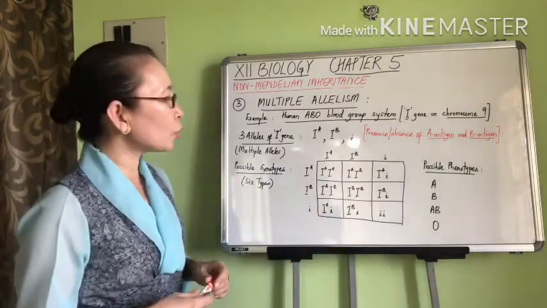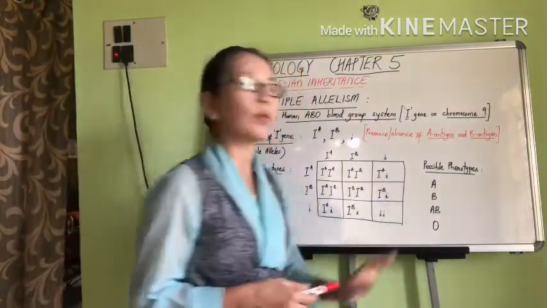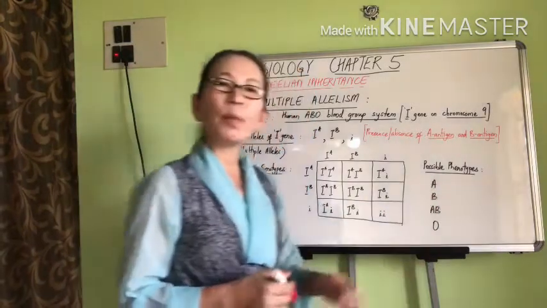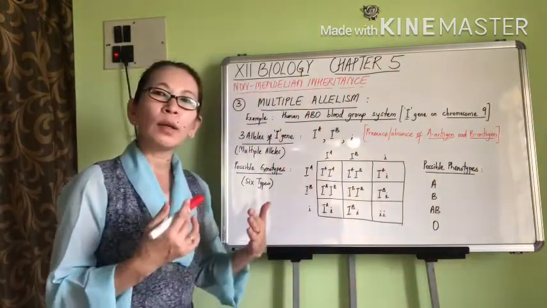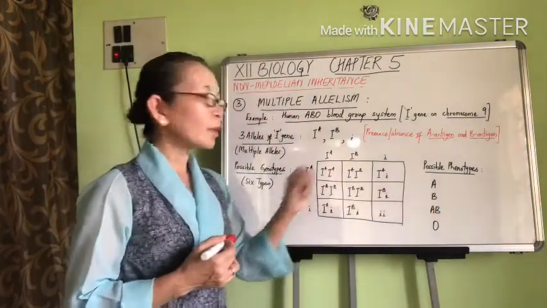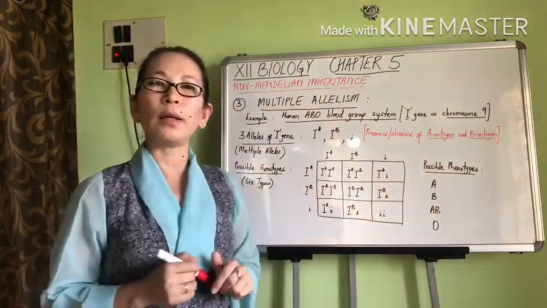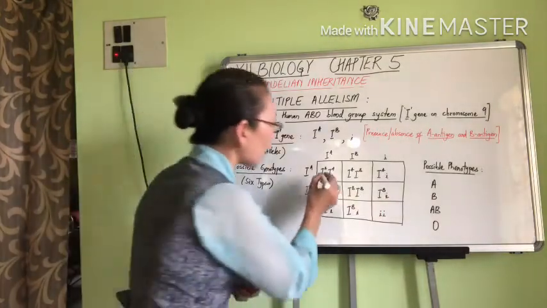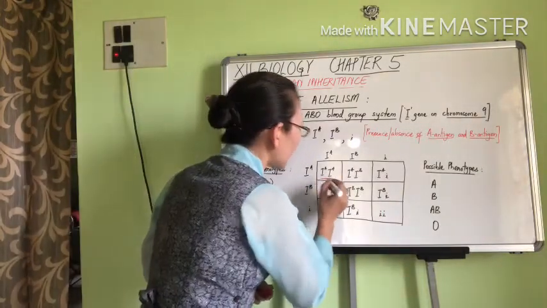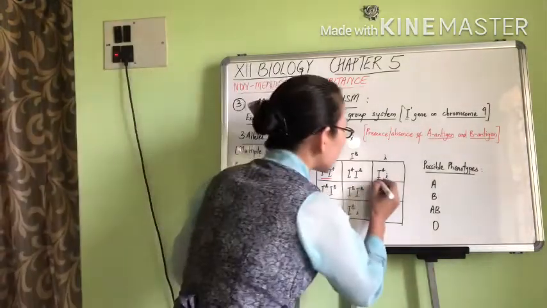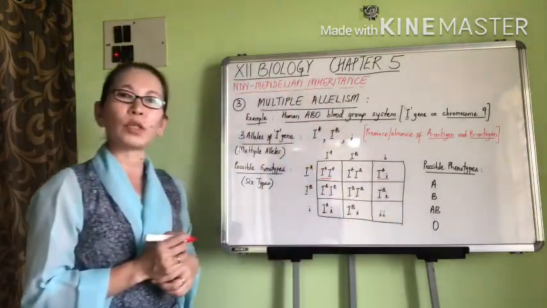So now let's look into the possible genotypes for A individuals. Individuals with A blood group are expected to have the I^A allele. If you look into the genotype here, we can find that the I^A allele can exist in homozygous combination, or it can also exist in heterozygous combination.